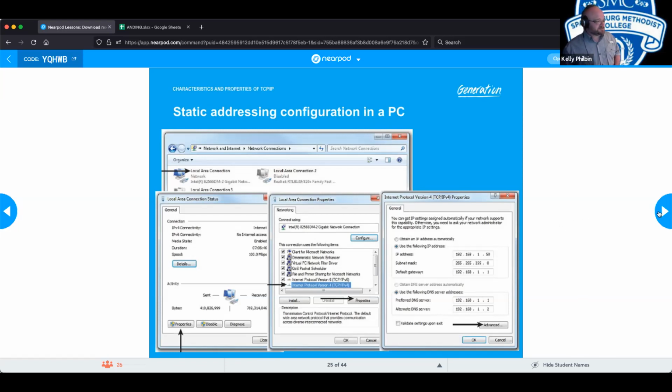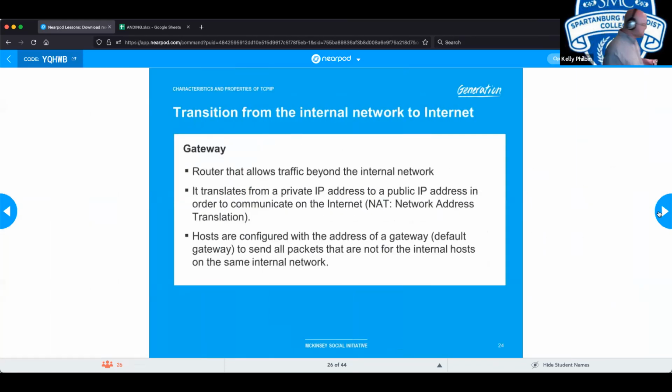All right, moving through. Transitioning from the internal network into the internet. That is the job of the gateway server. This is the router on the edge of your network that allows traffic beyond the internal network.